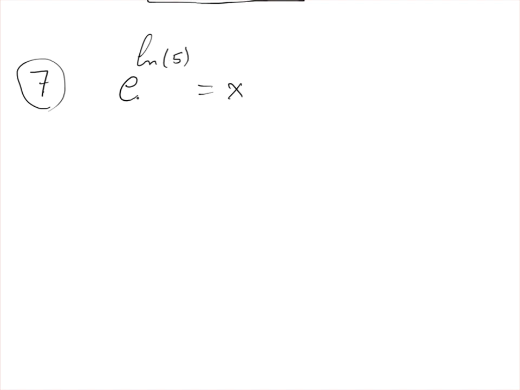And in fact, if you watch the first video in this lesson, you can see this is one of the properties of log and exponential. So the left side is just 5, and that's equal to x. So x equals 5 is the answer here.